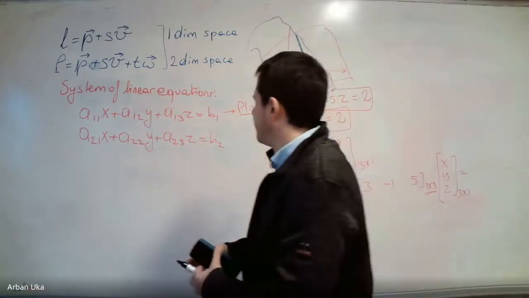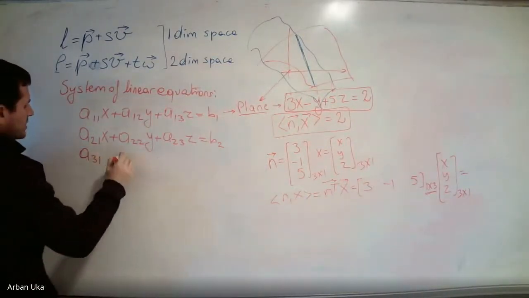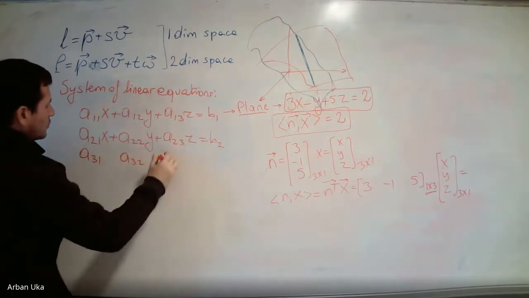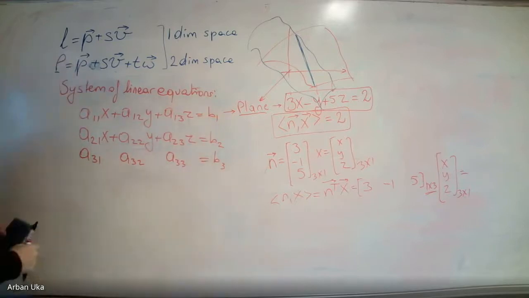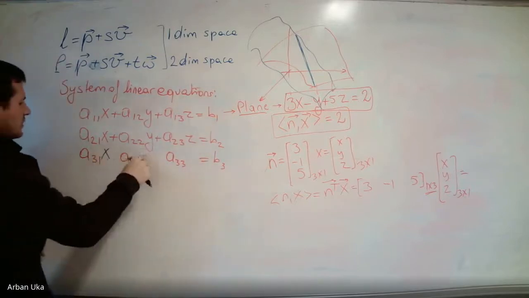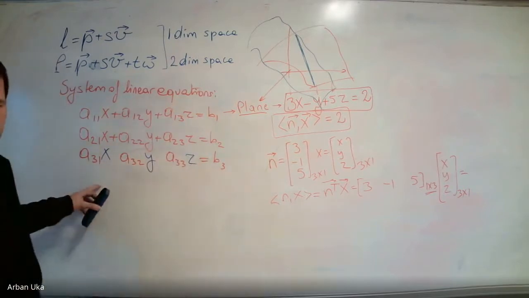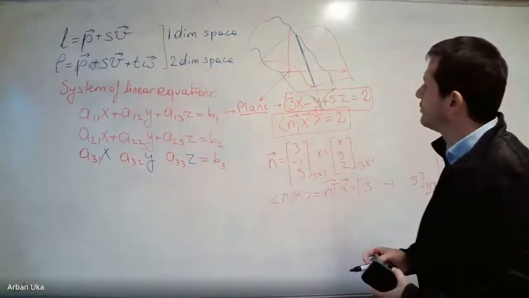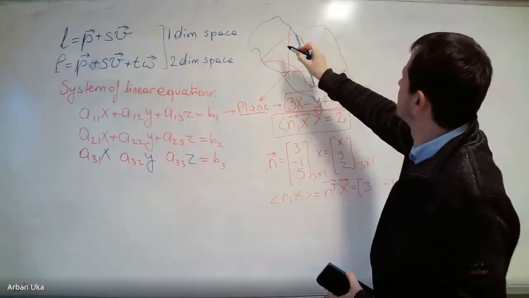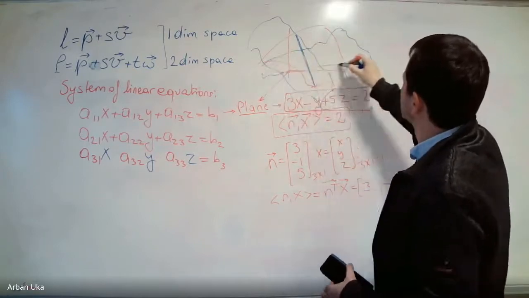Then we can provide a third plane. This is a31x plus a32y plus a33z is equal to b3. We don't even need to write these, since we know what they are going to be, but let's write the x, y, z. Now we bring in a third plane, which extends over some space.